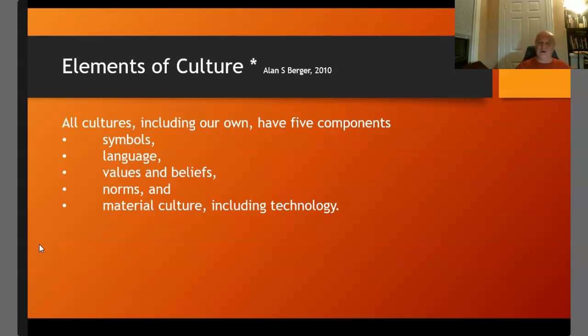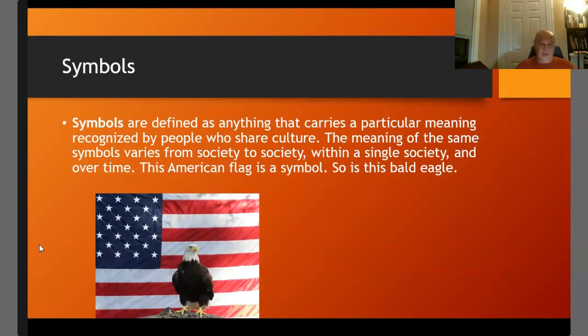The invention of the wheel, for example, or the discovery that fire could be used to cook food, are examples of technology, not just laptops and widescreen TVs. Let's talk about each of these in turn for a moment before we get to the topic at hand that we're going to discuss a little bit in Module 2, subcultures. First, let's look at symbols.